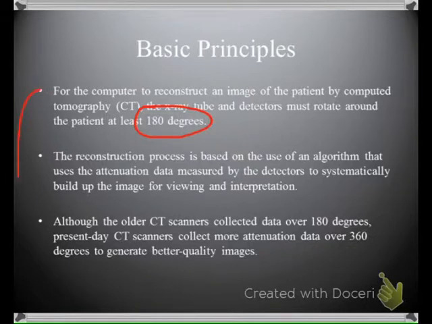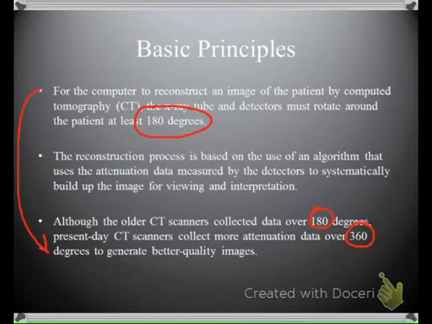However, we do know that helical scanners or volume scanners, now multi-slice, can rotate over 180 degrees and typically can go 360 degrees, which allows us to understand why they are called helical scanners.